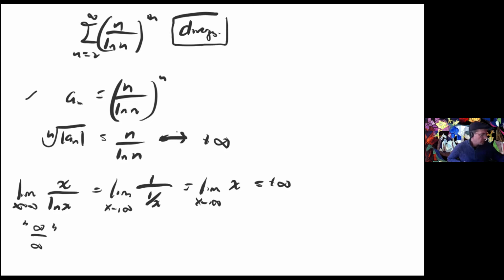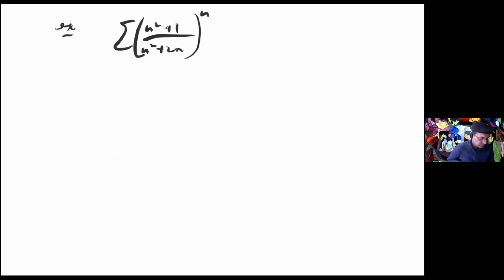Okay, I'm going to do one more just to show you can get things which are inconclusive out of the root test. So here's an example. The sum of (n squared plus 1 over n squared plus 2n) to the nth power.